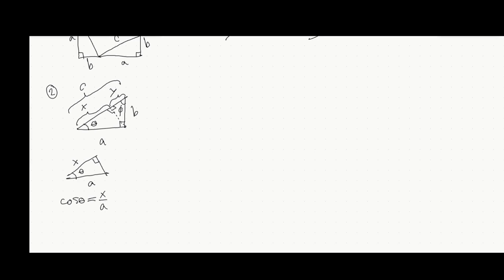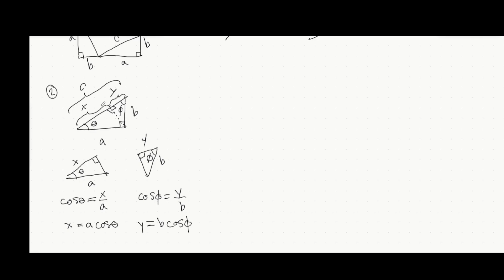And if we do the same thing for this other triangle, we have a leg y and hypotenuse b and angle phi, and so cosine of phi is the adjacent y over the hypotenuse b. So if we want to find x and y, x is a cosine theta, and y is b cosine phi.